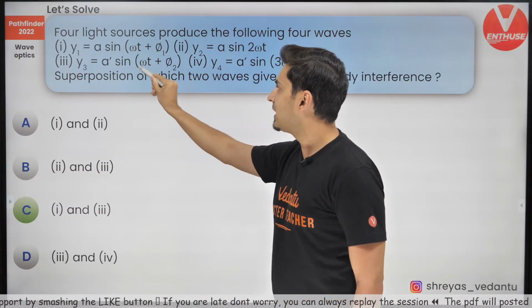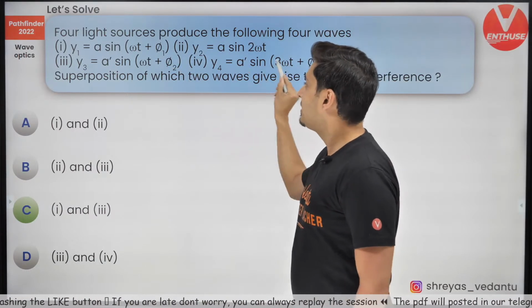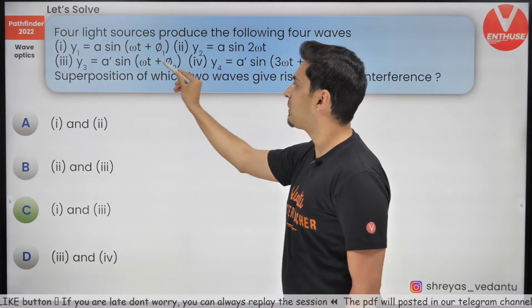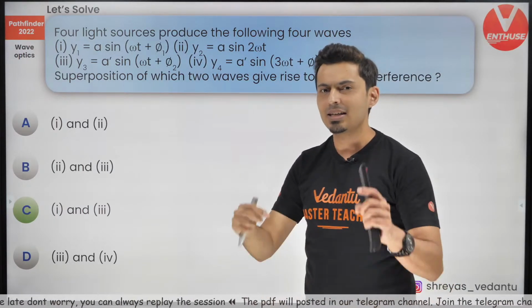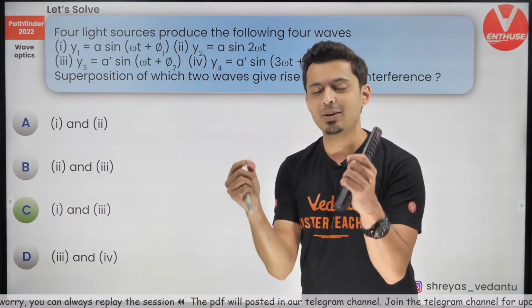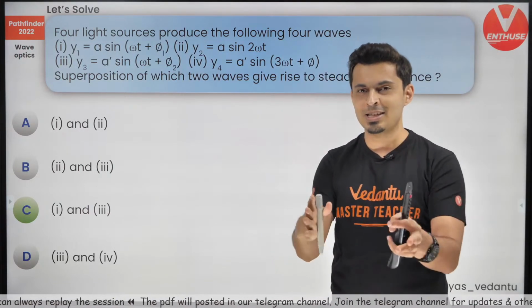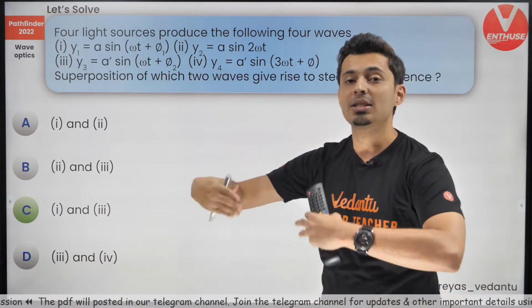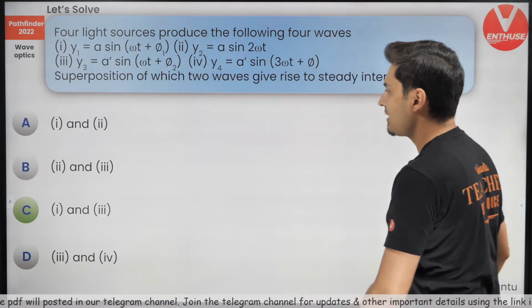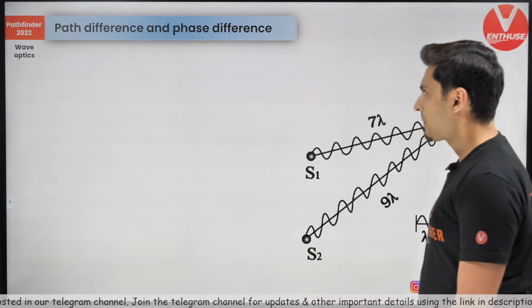If this was 3 omega and this is also 3 omega, then these 2 waves will have the same frequency and same wavelength, so they too will produce steady interference. Is that understood? So check for waves with the same frequency and same wavelength. They will produce constant interference. It will not change with time. That's what is important.